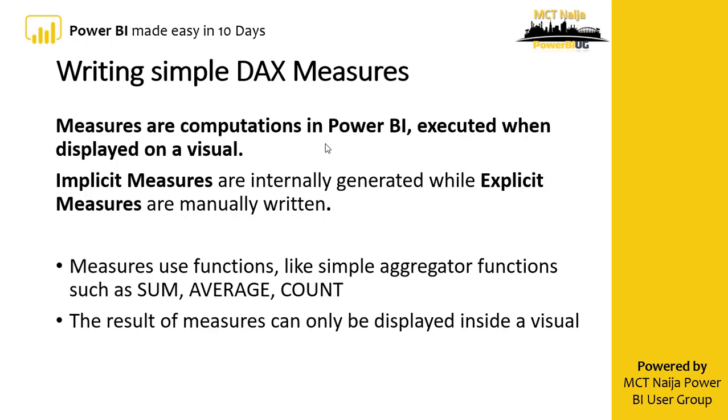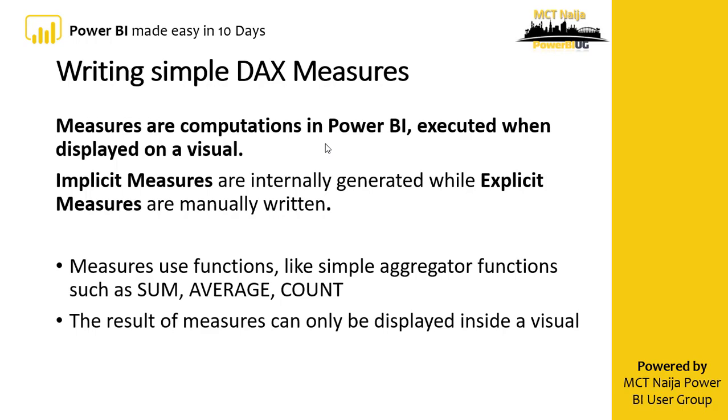The implicit measure is something that you don't write by yourself. Once you go to your report in Power BI and you just drag one column, say for example you do a report, let's say sales by region, and you just bring up your sales column and your region column, you see your results normally, right?